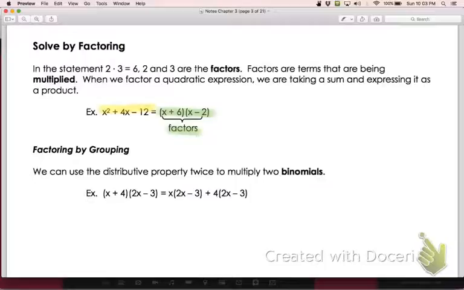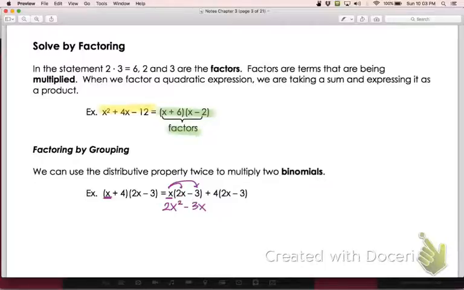If you remember what we worked with on Thursday, we looked at how we can use the distributive property to multiply two binomials. I'm writing this kind of funny on purpose. We took each of these terms and distributed it. First I took the x and distributed it to 2x minus 3, so we got 2x squared minus 3x.